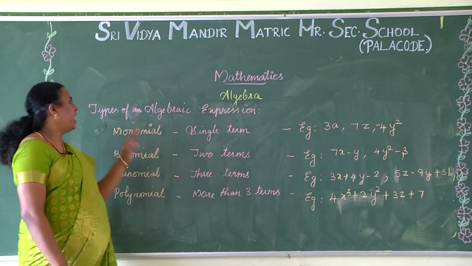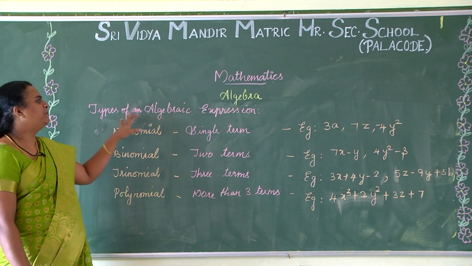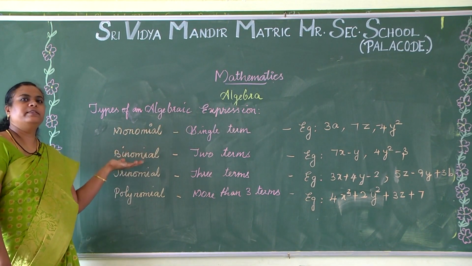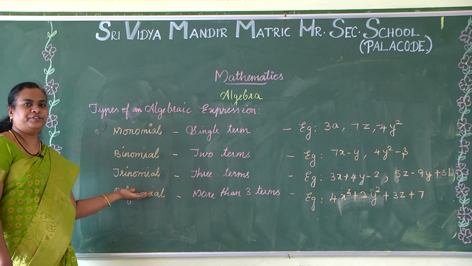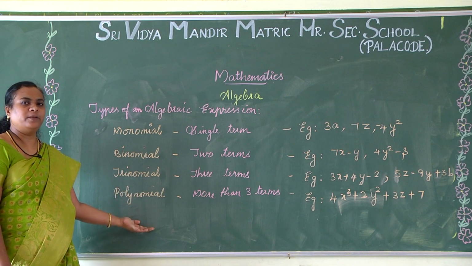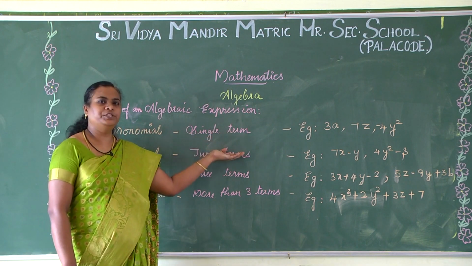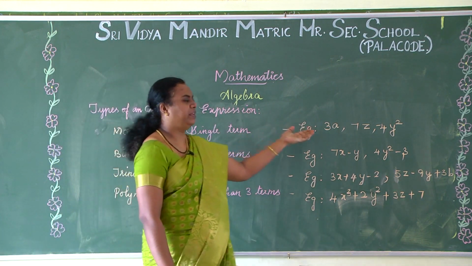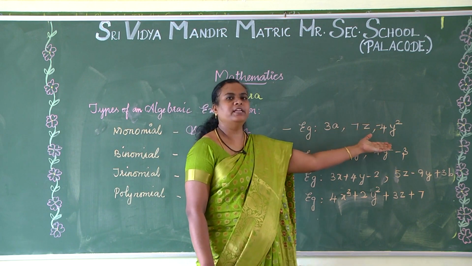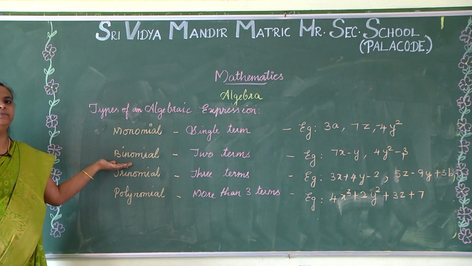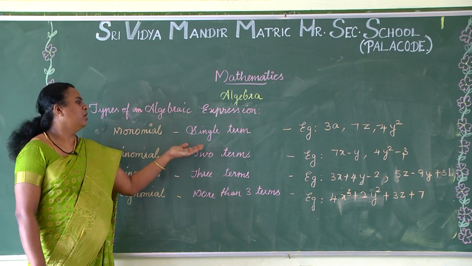Students, now we are going to see the types of algebraic expression. First monomial, second binomial, third trinomial, then polynomial. Monomial means an expression having a single term. For example, 3a, 7z, minus 4y square. Binomial means an expression having two terms.